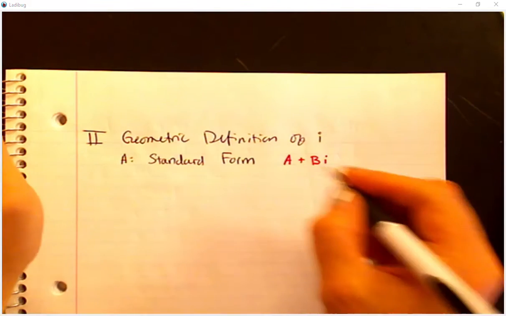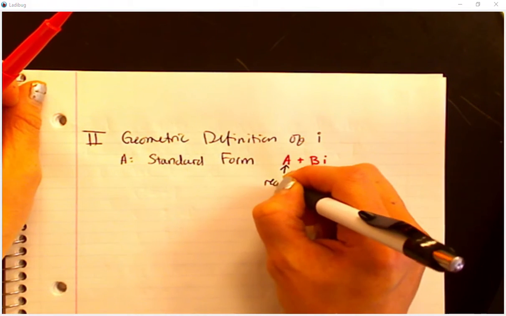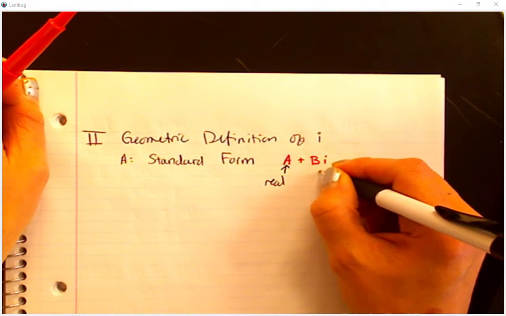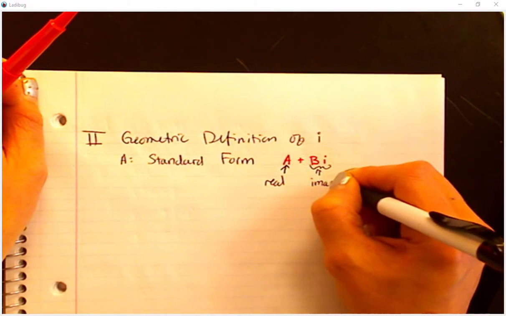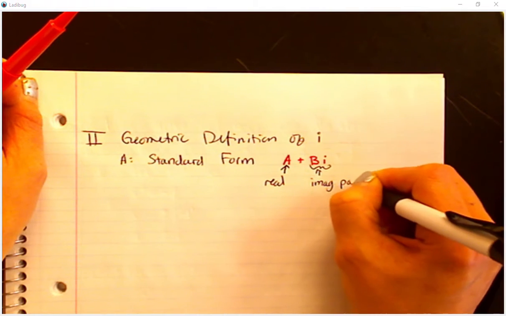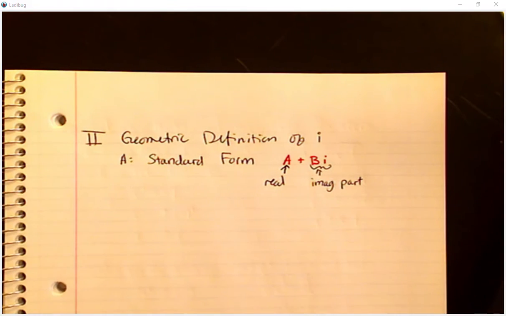A is the real part, and this is the imaginary part, where both A and B are real numbers. Why is that the imaginary part? It's got the i with it.